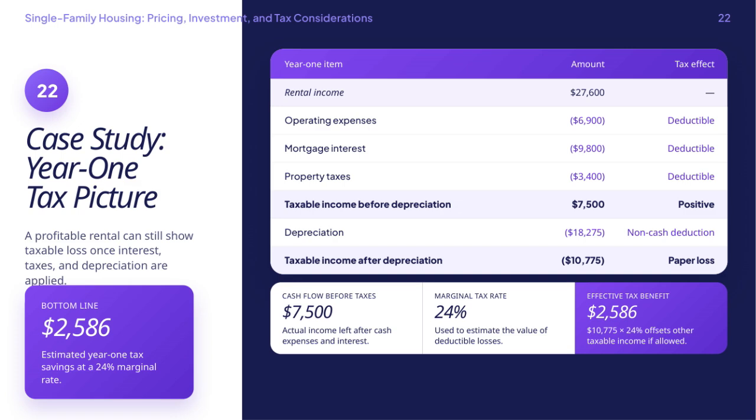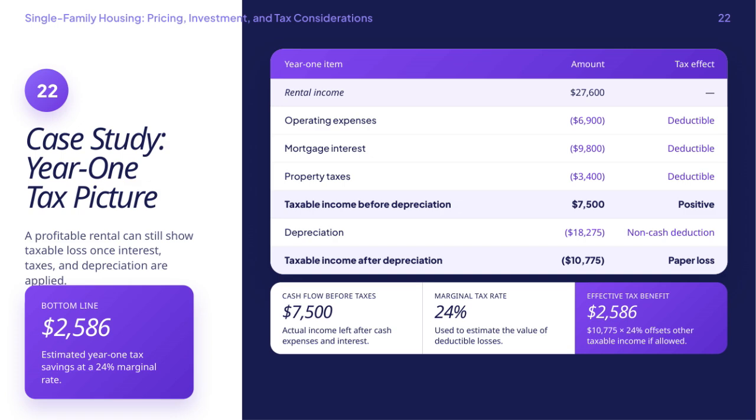This negative figure is referred to as a paper loss. The bottom line here is important. This paper loss of $10,775, when multiplied by the marginal tax rate of 24%, results in estimated tax savings of $2,586. In other words, this loss can offset other taxable income, reducing your overall tax liability, if allowed.